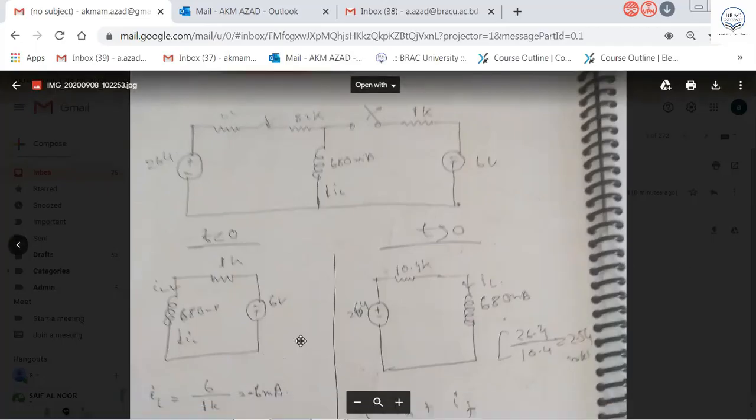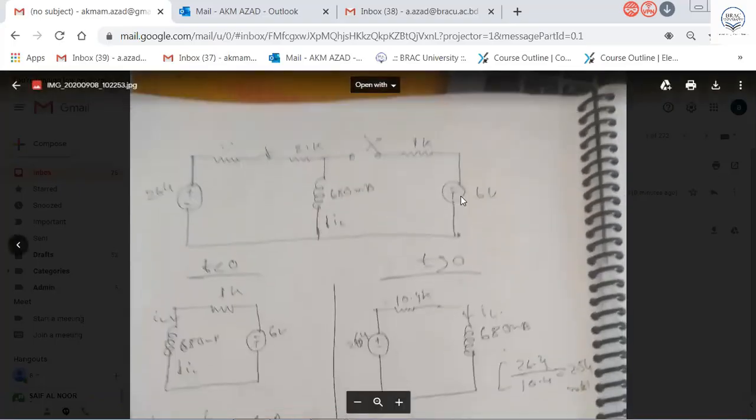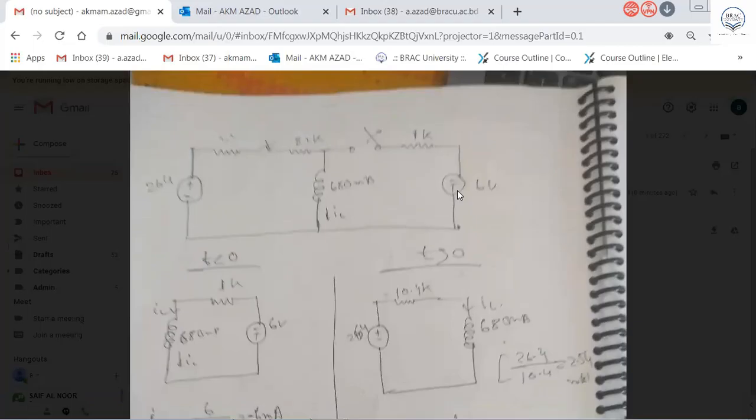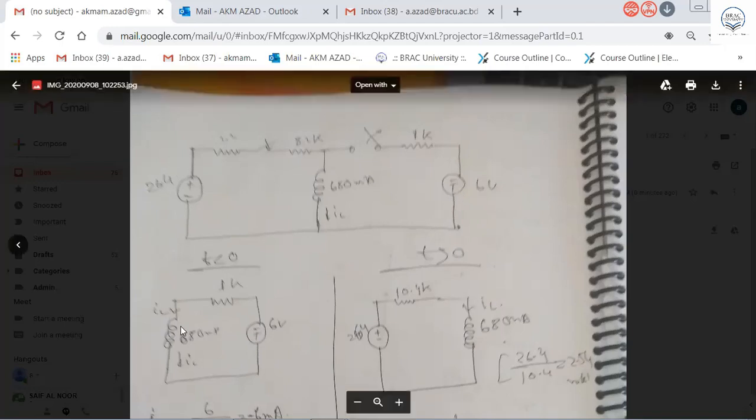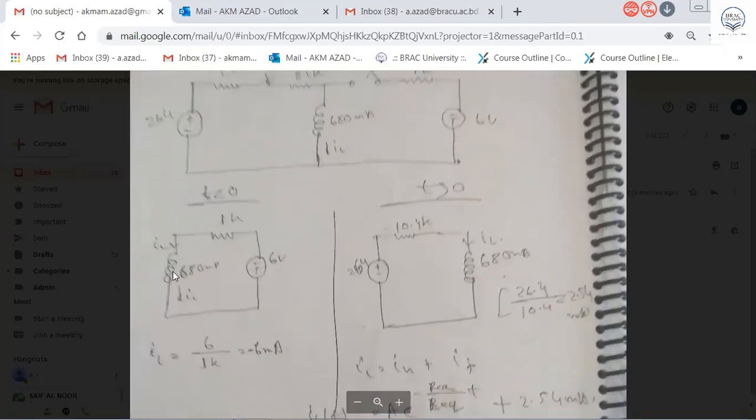This is the critical issue, because the 6 volt battery in this problem is the other way around. In the previous problem, the battery terminal was positive upside, negative downside, but this time it is the other way around. That's why the IL current is opposite this time.